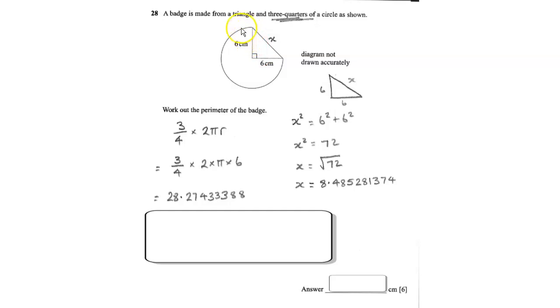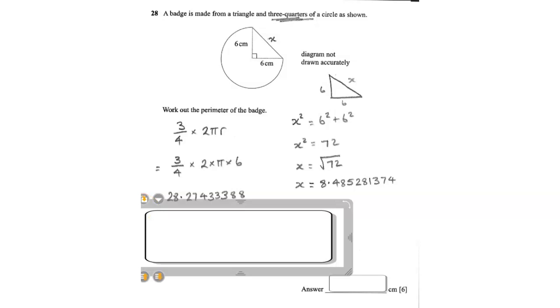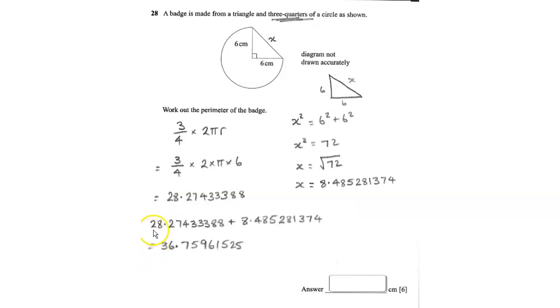So we've got the length of the curved part of the diagram, and the length of this straight edge. To get the perimeter, we add them together. We've used the big numbers from the calculator so we get a more accurate answer. And we get 36.75961525. When we round it at the end, it would be 36.76 centimetres for the total perimeter of that diagram.